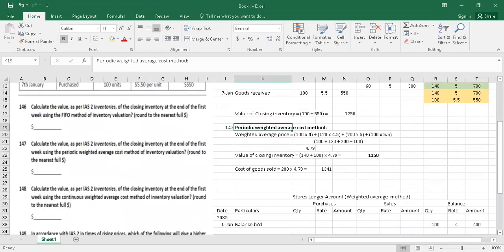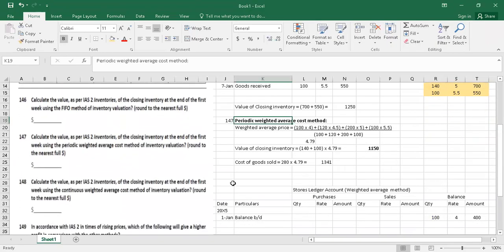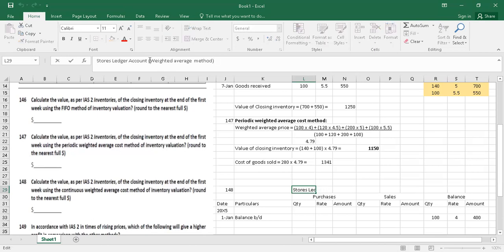Now let's do 148. Question number 148. This is the weighted average cost method, but this is the continuous weighted average cost method.